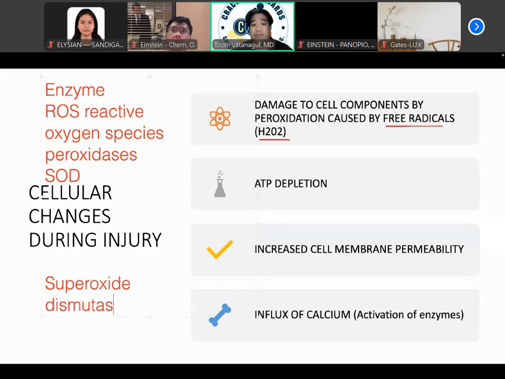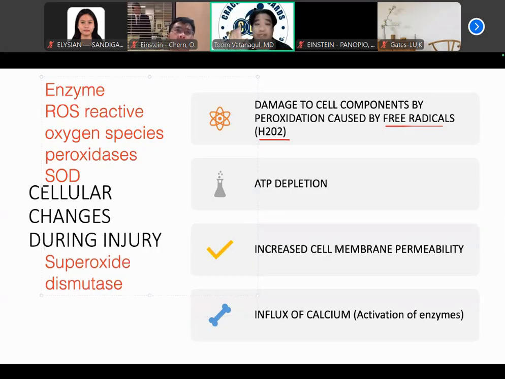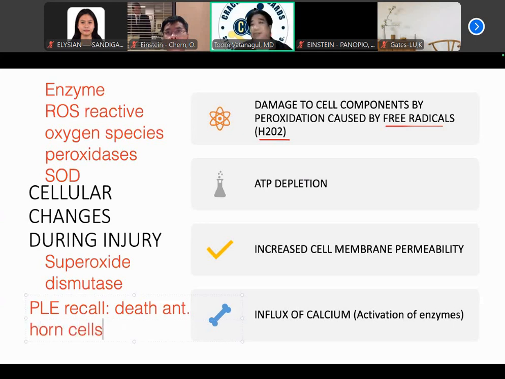Now, allow me to share a PLE recall, which a lot of students complain about, bakit daw lumabas? My answer is simple. It's in the book. So they mention death of the anterior horn cells.